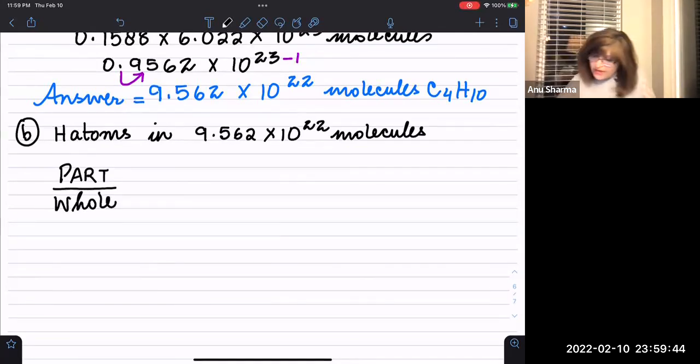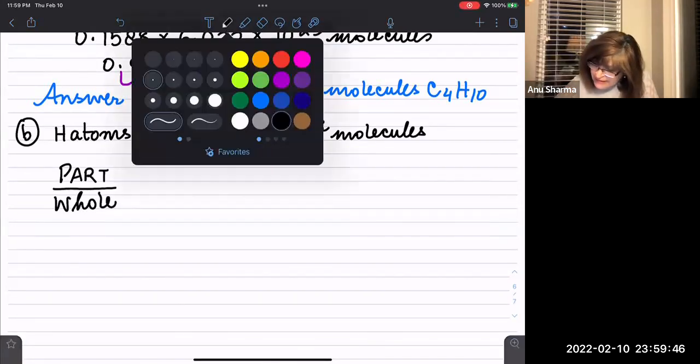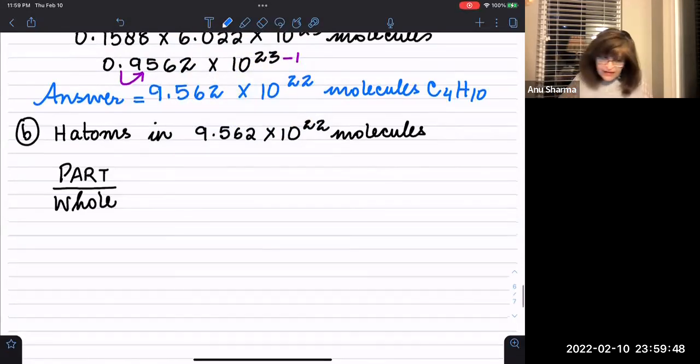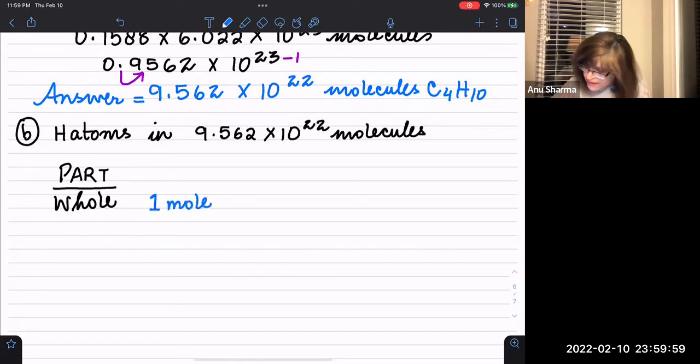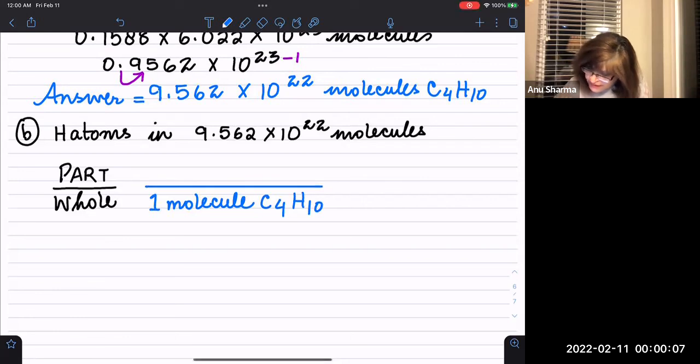In this case, one molecule of C4H10 contains 10 atoms of hydrogen.